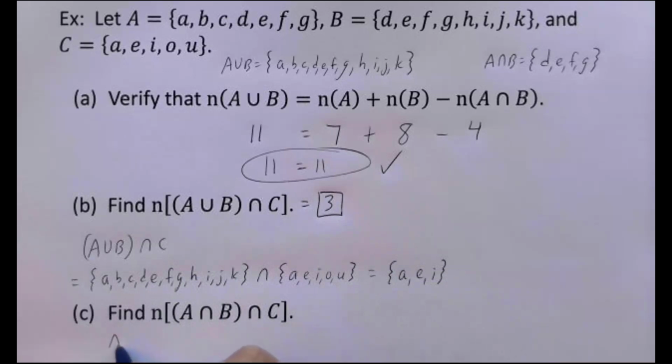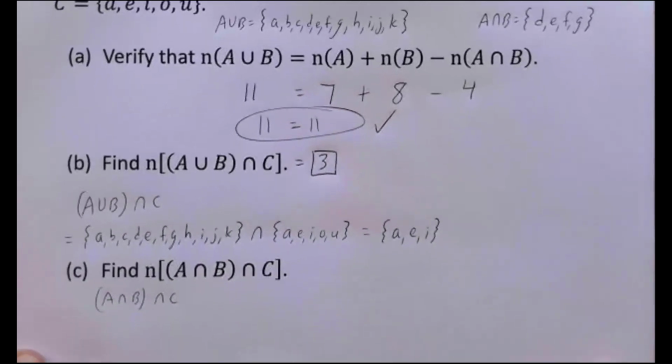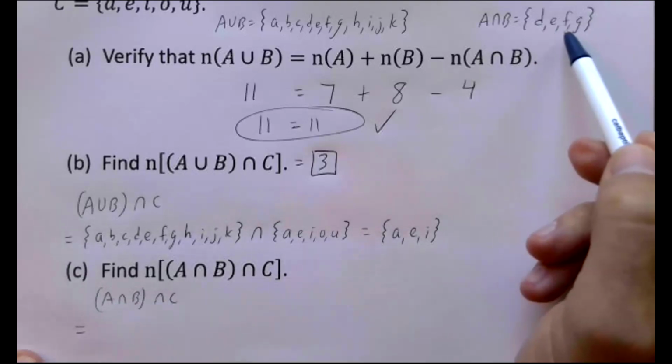So when I'm talking about A intersect B and then intersected with C, what does that look like? Well, A intersect B, we actually did that up here, right?